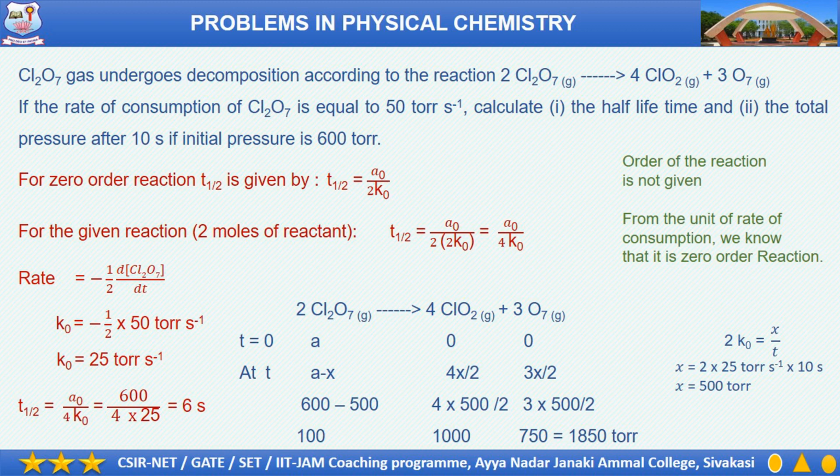If the rate of consumption of Cl2O7 is equal to 50 torr per second, calculate the half-life time.